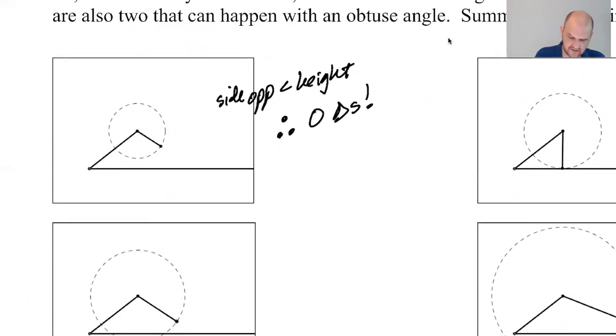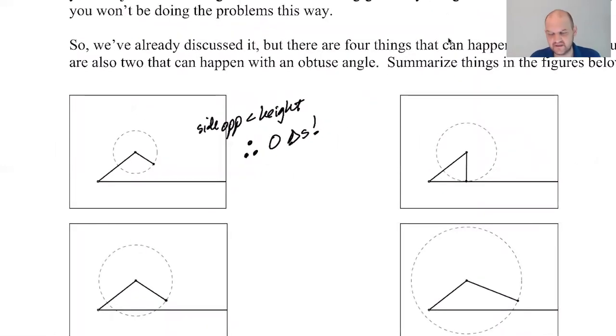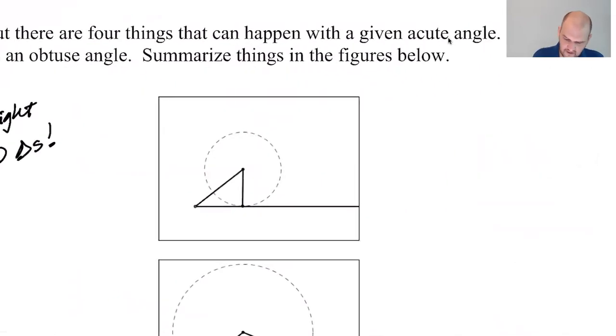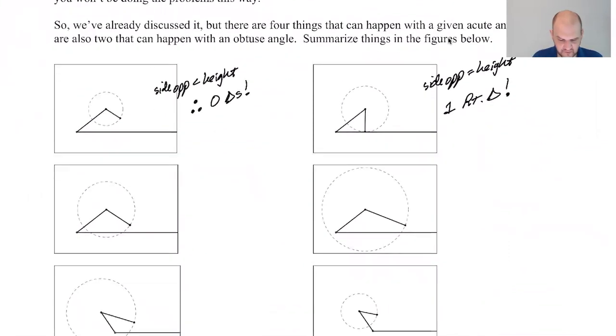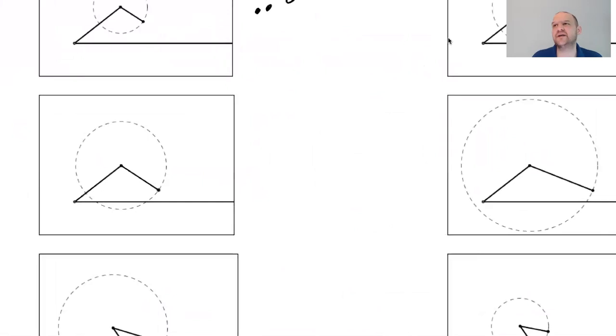You can see that it just swings through, and that's why that circle doesn't connect. Here, the side opposite equals the height. And this is a miracle. You get 1 right triangle. That never happens in practice, but it could. That's where you didn't recognize that it was just a right triangle to begin with.